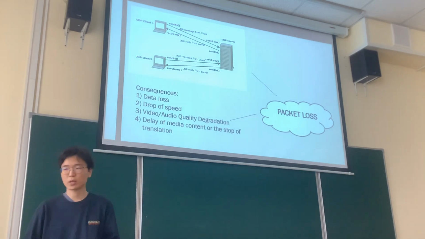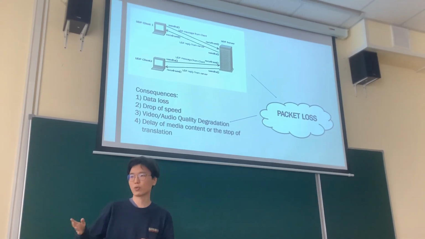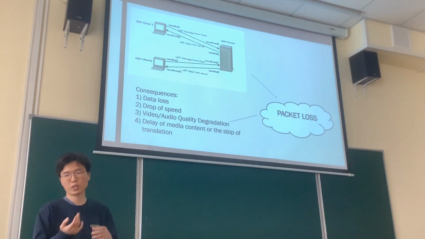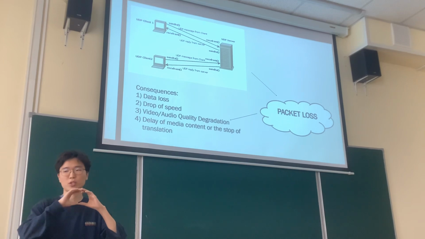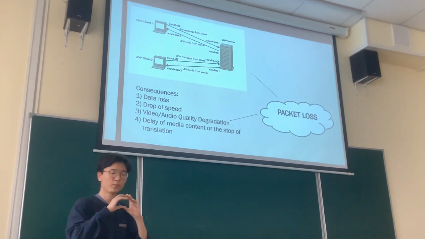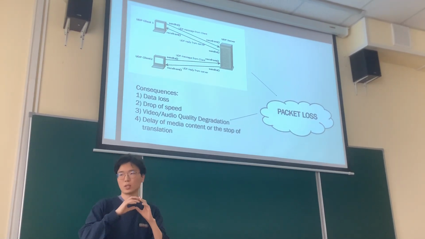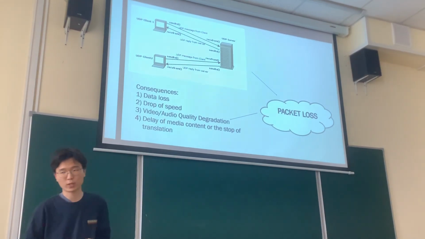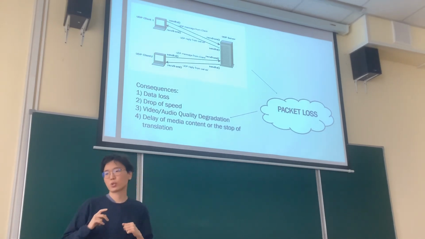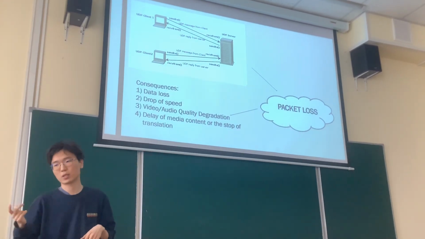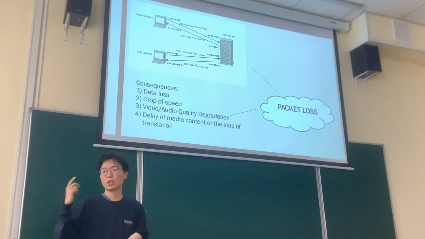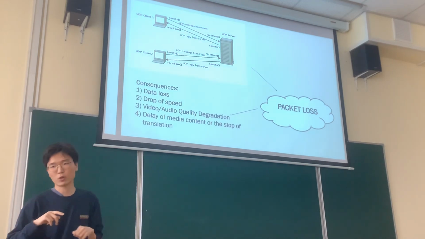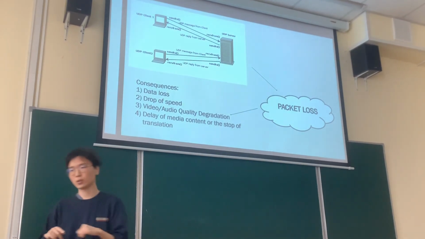Packets can be lost because of stream overload: there is a limited buffer that is processing the data, and when it's overloaded, it just rejects some of the packets that come to the receiver. The consequences of losing packets are data loss, drop of speed, video or audio quality degradation, and delay of media content or the stop of the translation.